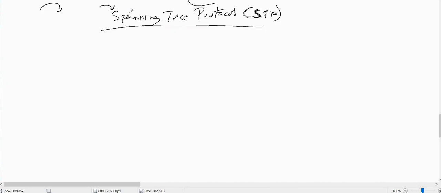We ran this protocol for 30 years now, literally 30, 35, 40 years even. But in the last 10 years, I would say, people started moving away from STP. And in the last 6-7 years, LAN technology is trying its best to avoid STP. And data center almost succeeded at this point, almost.